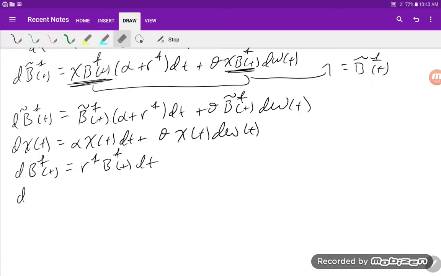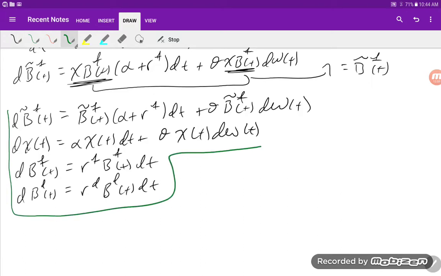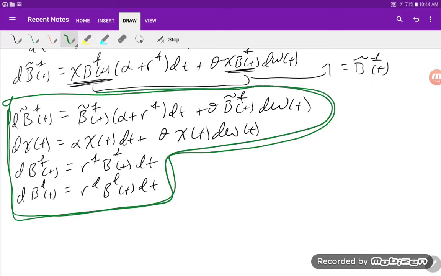Sorry about that. Alright, so these are all the important dynamics that we need to get going. So, foreign bank account in domestic, underlying process, foreign bank account in foreign, domestic bank account in domestic.